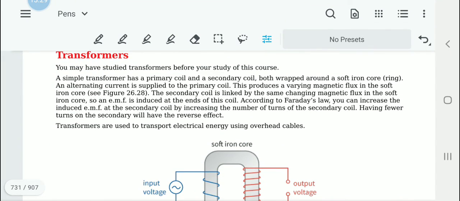Then write down transformers. In transformers, a primary coil and a secondary coil are wrapped around a soft iron core. To the primary coil, an alternating current is provided, which results in a magnetic flux in the soft iron core.